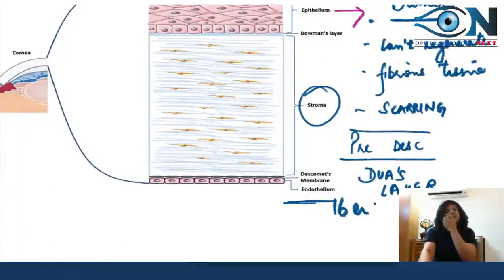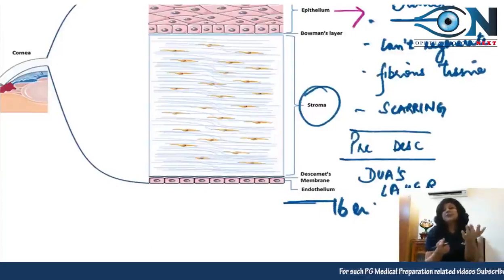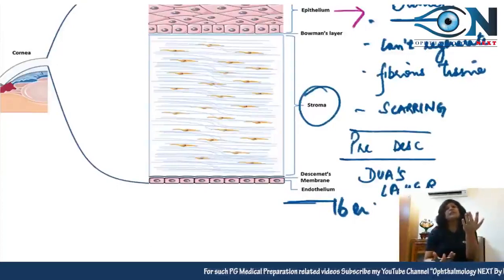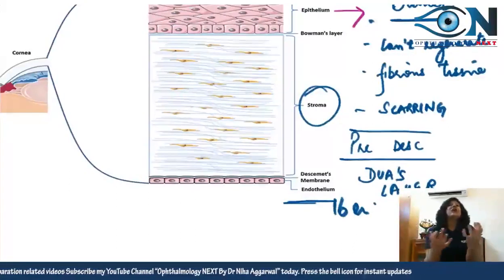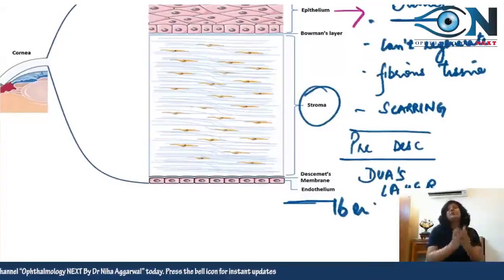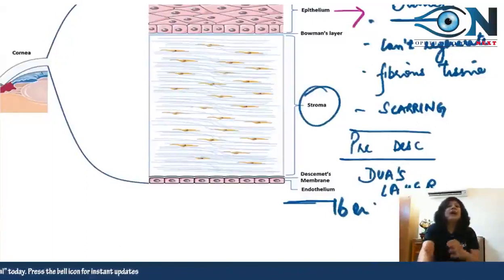Now what happens whenever we have glaucoma, we have raised intraocular pressure, these junctional complexes which are present in the epithelium, which are present in the endothelium, they are not functioning, they become permeable, and that is why a lot of fluid gets accumulated within the stroma, and that is why we get the edema and haziness. So that is the reason actually.